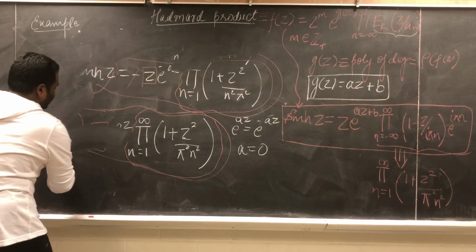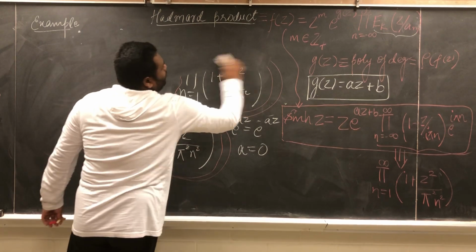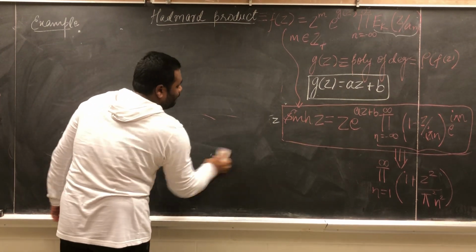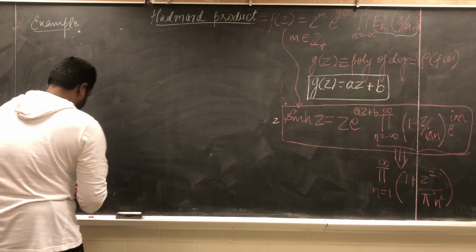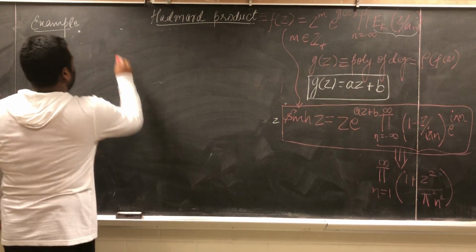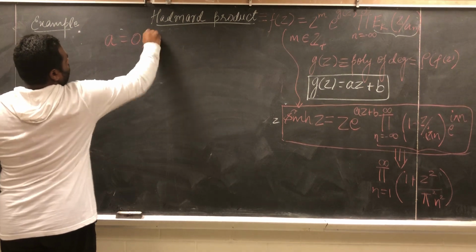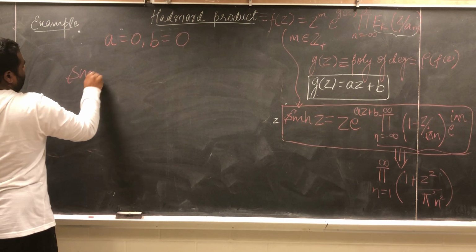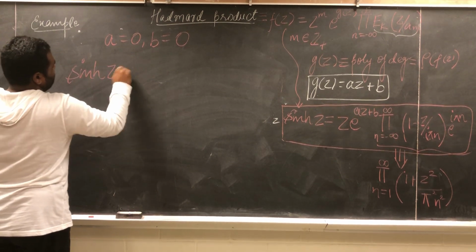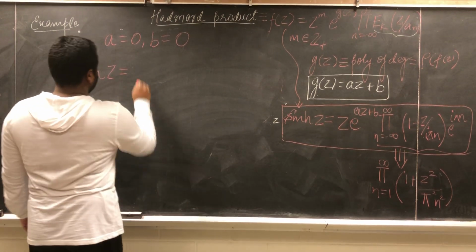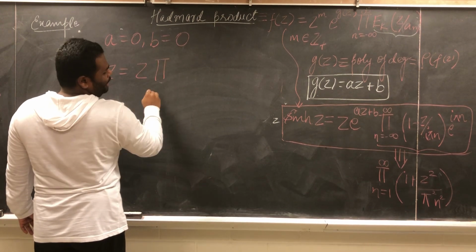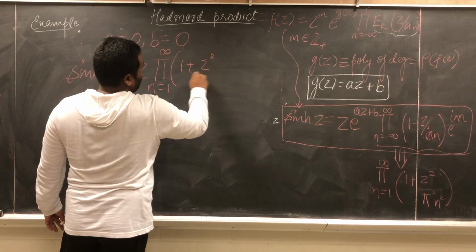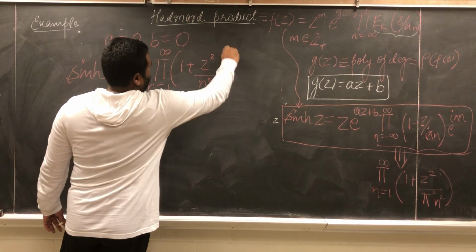is ultimately, in the light of the fact that A is 0, B is 0, we get sine hyperbolic of z is nothing but z infinite product of this thing.